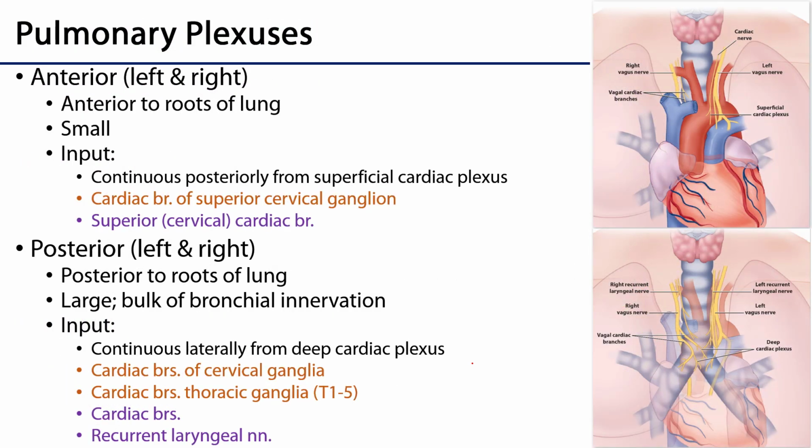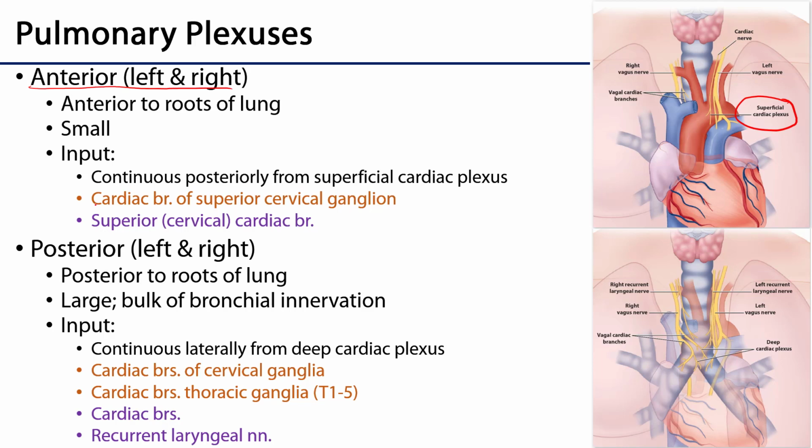Now let's take a look at these plexuses, but let's also keep in mind that these plexuses are going to be contiguous with the cardiac plexuses. So the pulmonary plexuses are distributed on the anterior and the posterior surfaces of the roots of the lung. So the anterior plexuses, both left and right, are going to be relatively tiny, and their input is predominantly going to come from the superficial cardiac plexus.